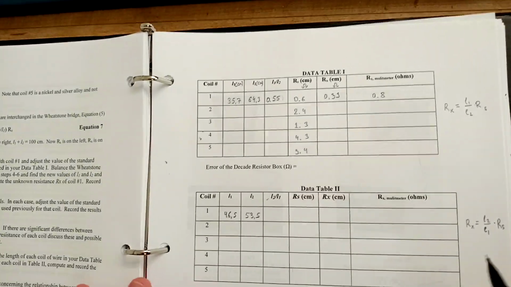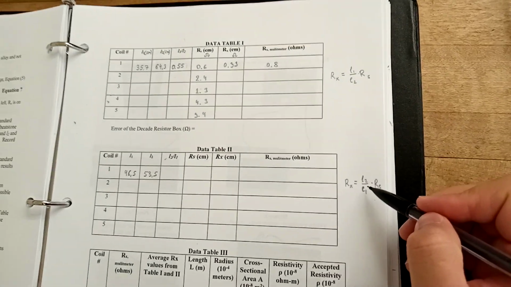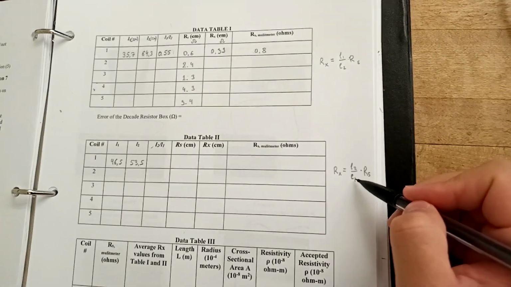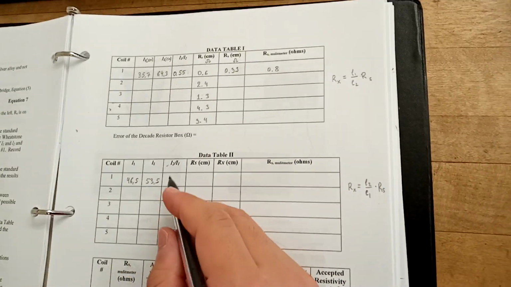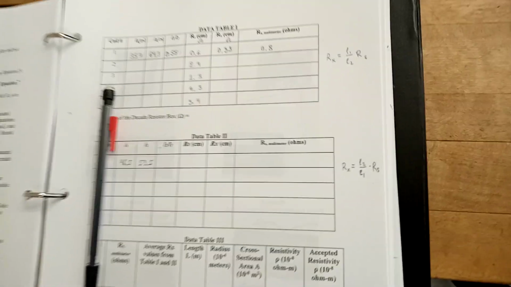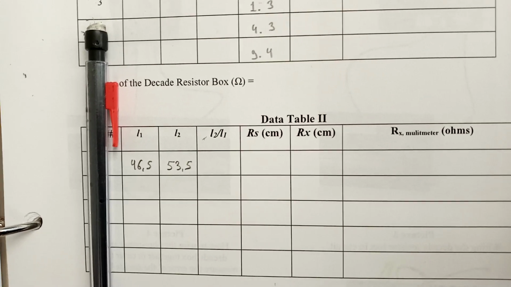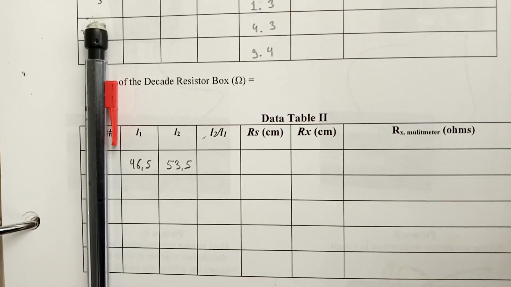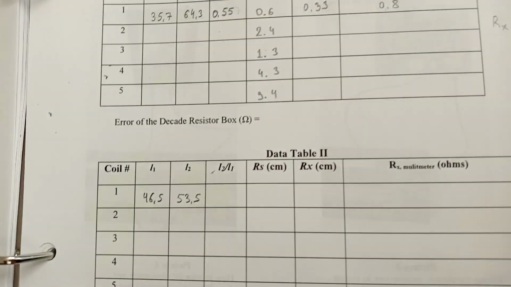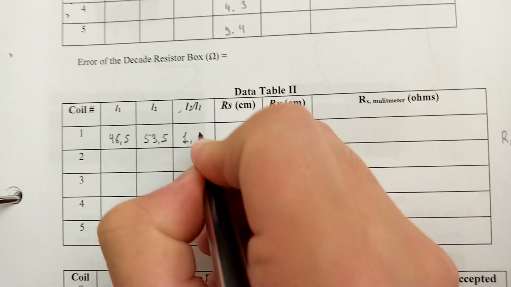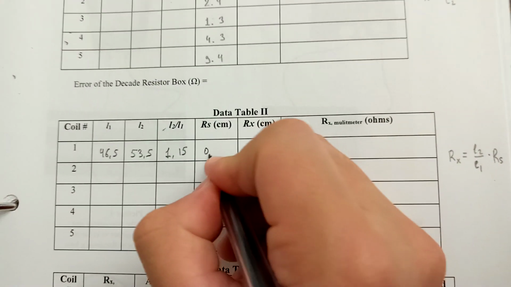And this value would be 53.5. Since we switched the places, our formula also changes. The ratio would be L2 over L1, but previously it was L1 over L2. So let me quickly find these ratio values. 53.5 divided by 46.5 will give us 1.15, and we didn't change RS, it was 0.6.